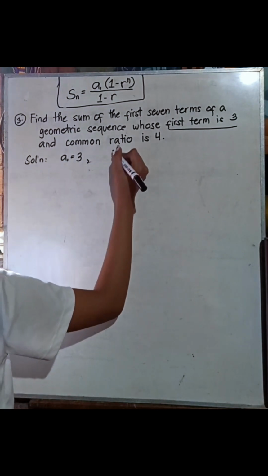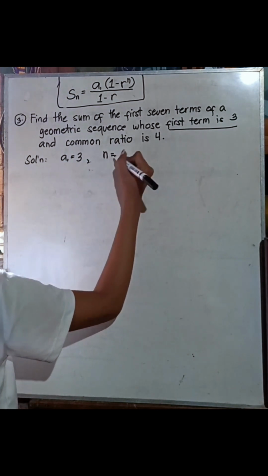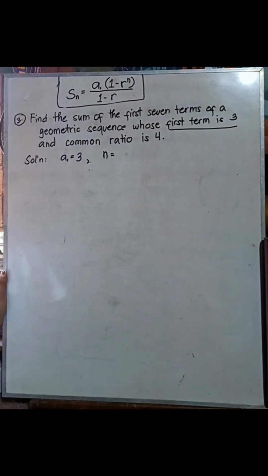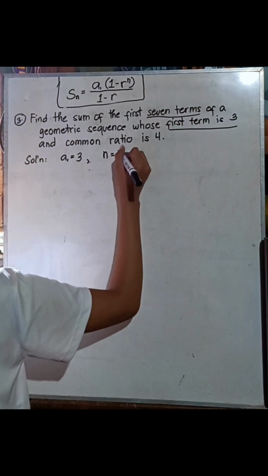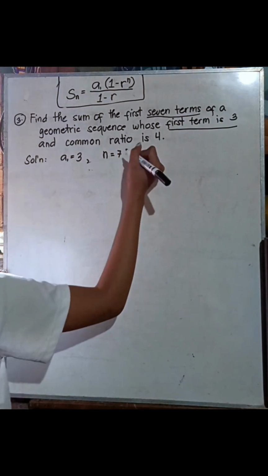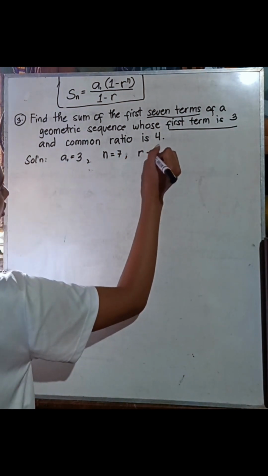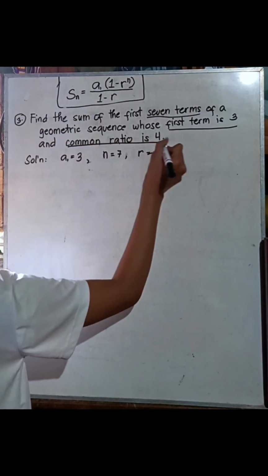Next, the n, ang atong pangita nga term is 7 terms. 7 ang atong n. Next, common ratio. Given man siya, common ratio nato is 4.